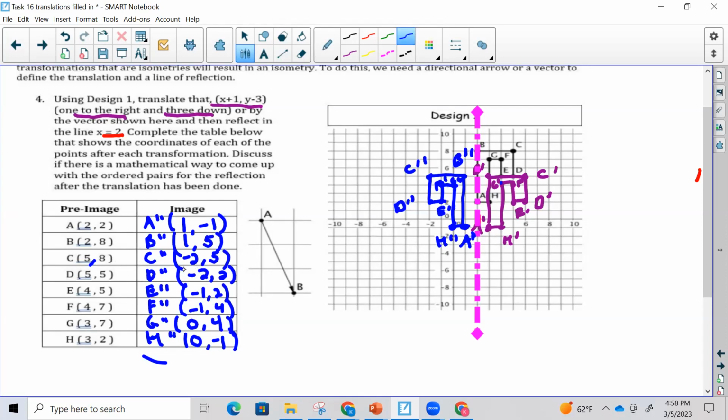And so we're kind of subtracting 3 from each of those. So for the x values, there's not like an easy way to come up with the ordered pair. You probably will need to translate it and then reflect it versus like coming up with a rule for what we did. So that is how we do a glide reflection.